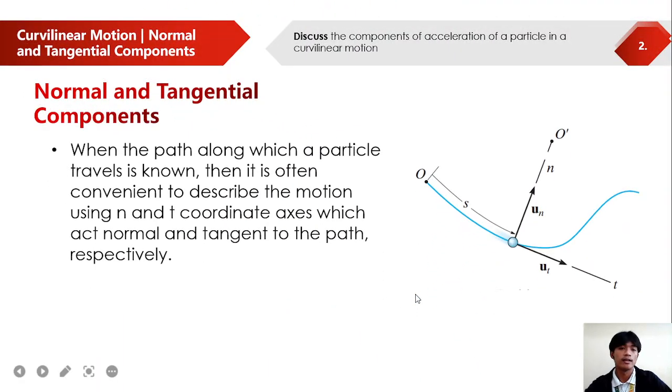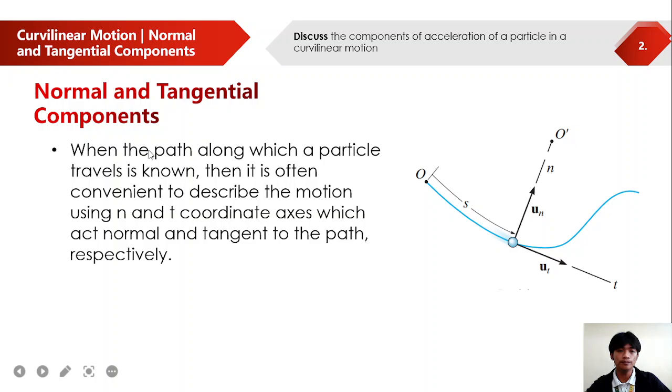So what are these? When the path along which a particle travels is known, then it is often convenient to describe the motion using n and t coordinate axes, which act normal and tangent to the path respectively.